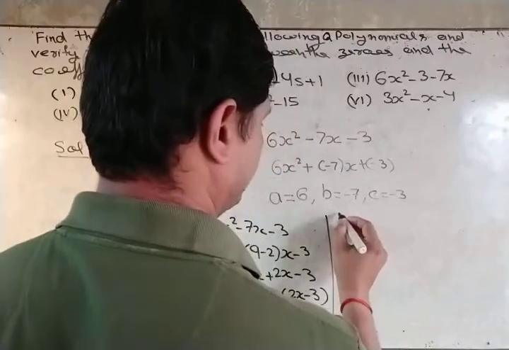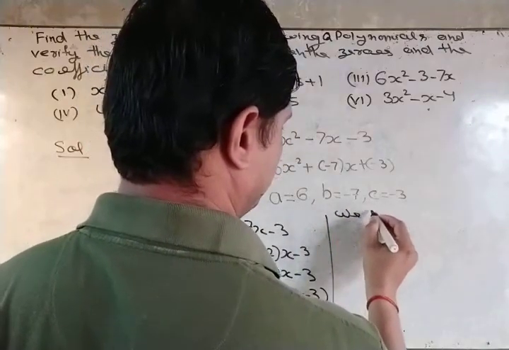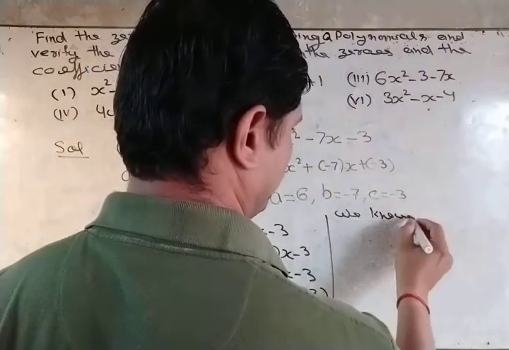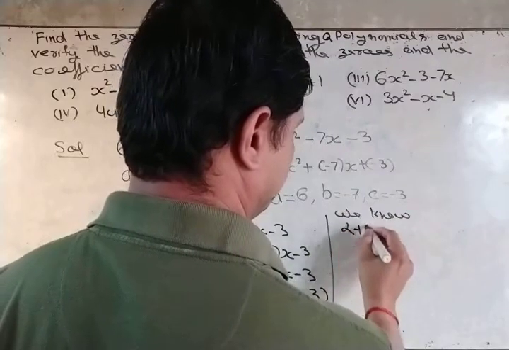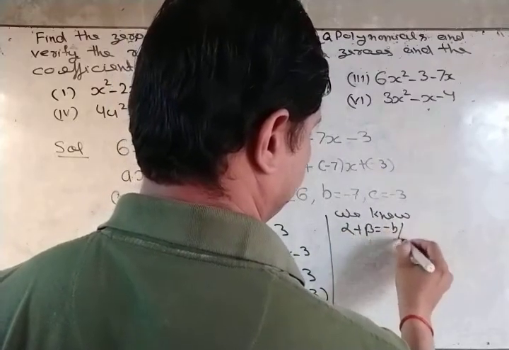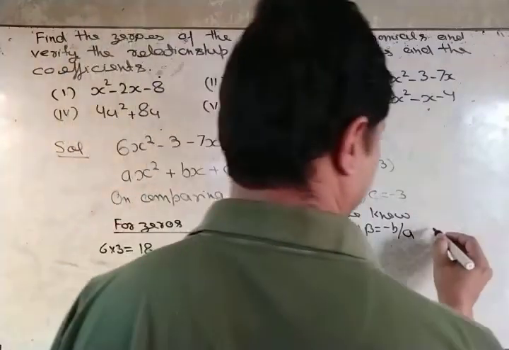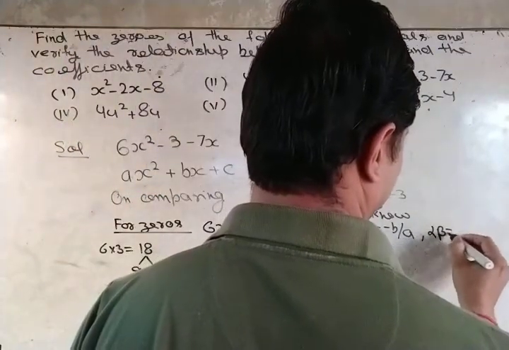Now we know alpha plus beta is equal to minus b by a, while alpha beta is equal to c by a.